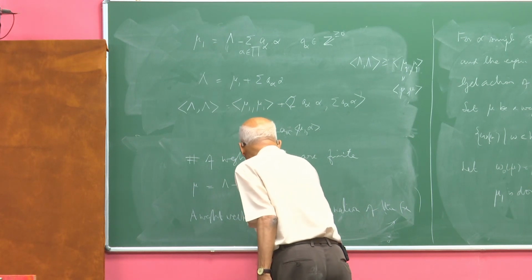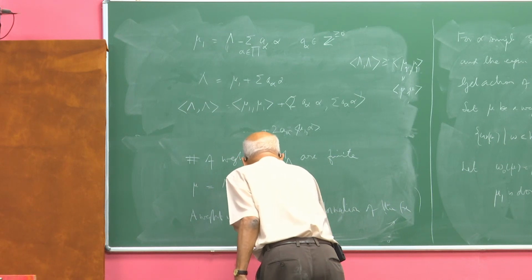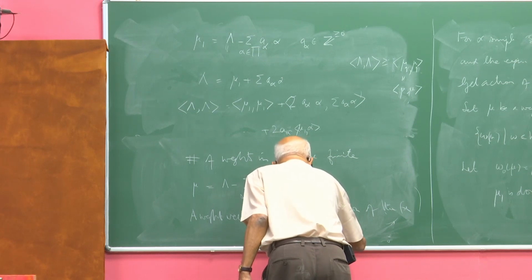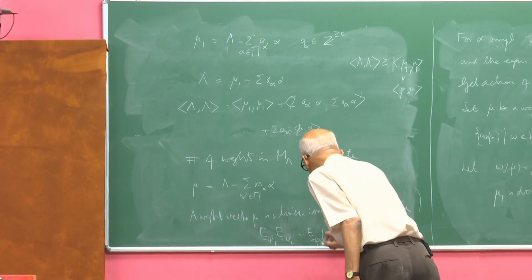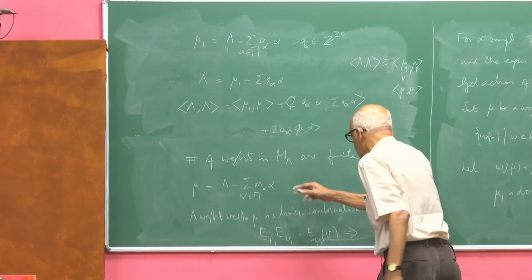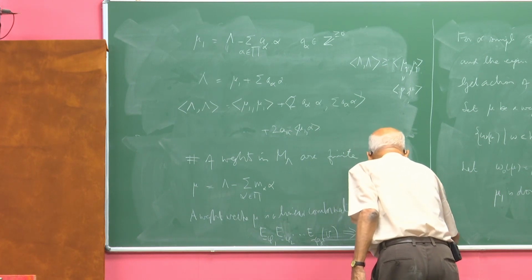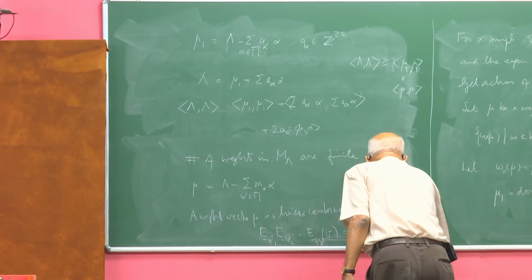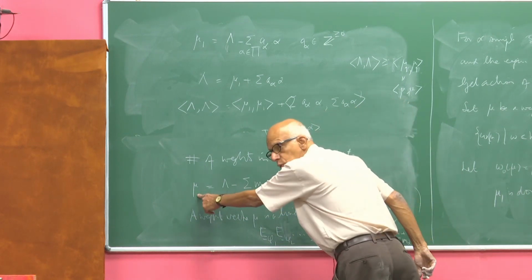A weight vector is of the form E minus phi 1, E minus phi 2, ..., E minus phi r applied to the vector v, the highest weight vector, which implies, among other things, that phi 1 plus phi 2 etc. plus phi r is of the form sigma m alpha alpha. There are only finitely many possibilities for mu.